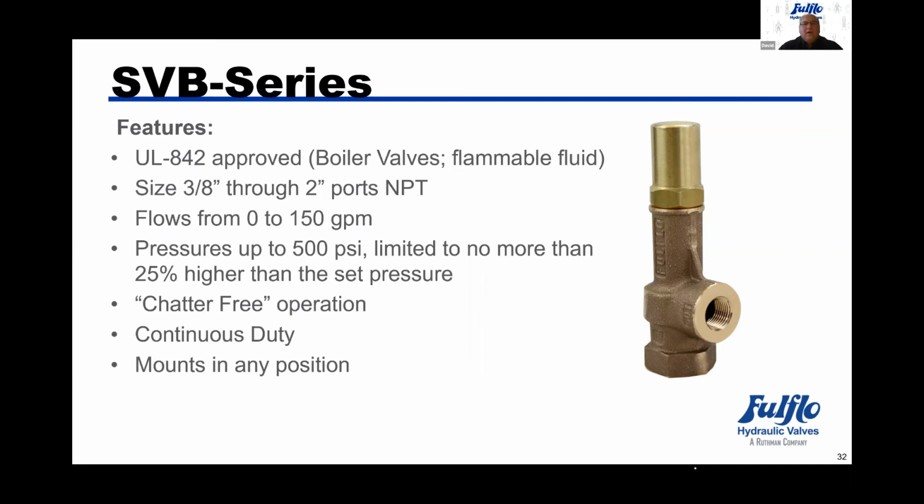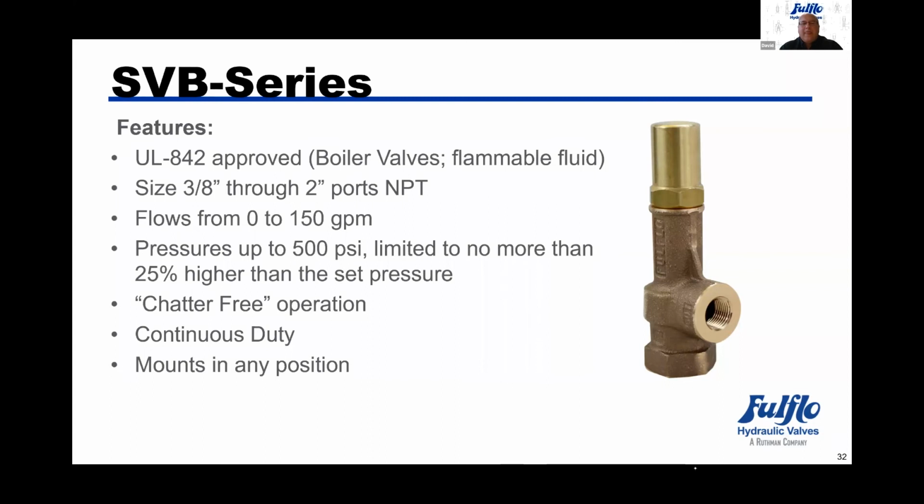Here the Fulflo valves are sized from 0 to 150 gallons a minute. Pressures are up to 500 PSI. What's unique about this valve, it's really the V-Series valve, is that we incorporate a limit collar on the adjusting screw to prevent you from adjusting it no more than 25% higher of the set pressure.